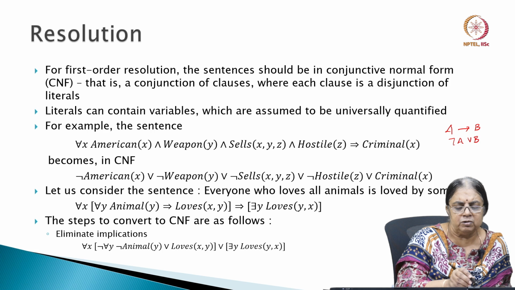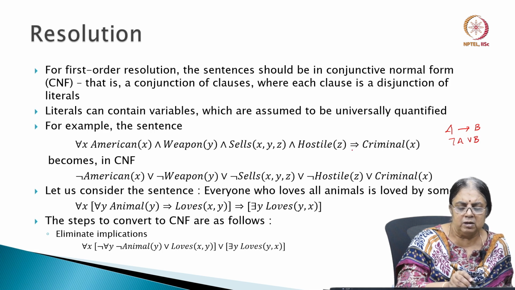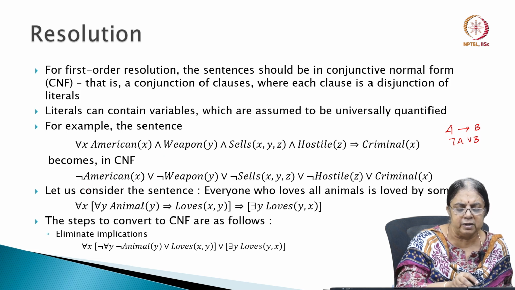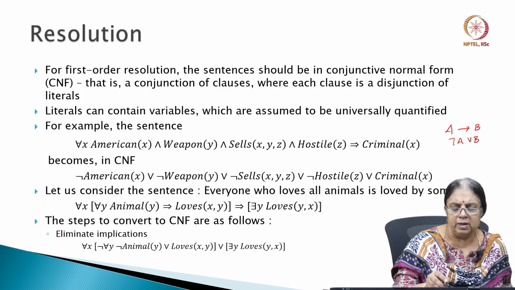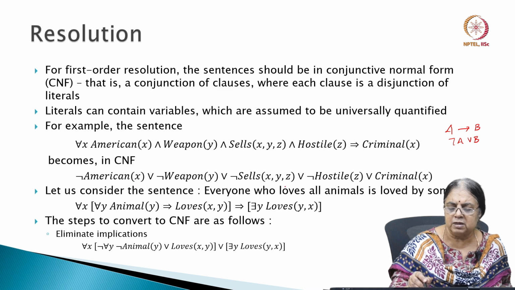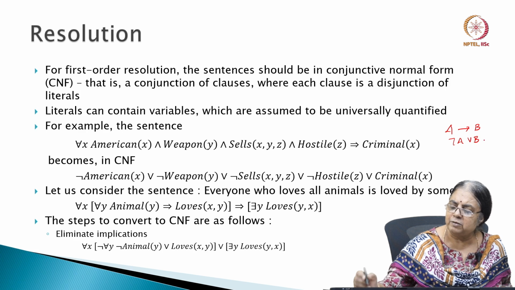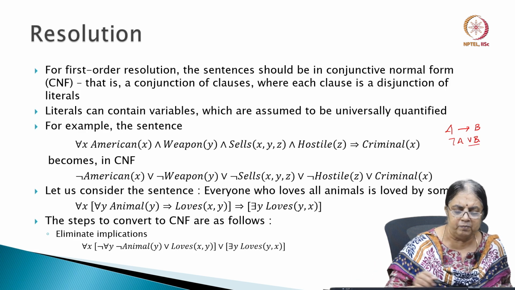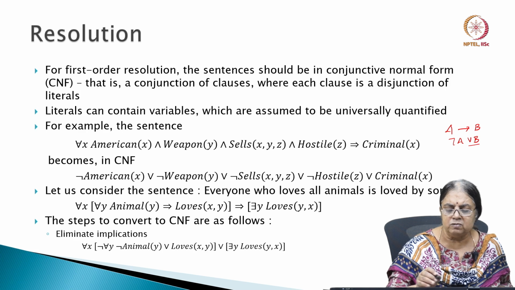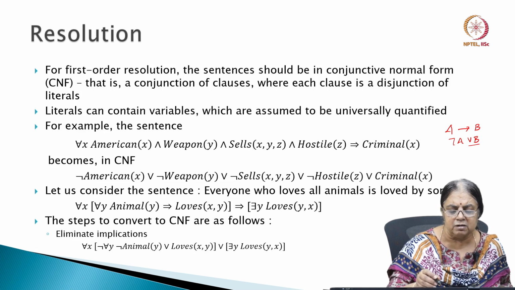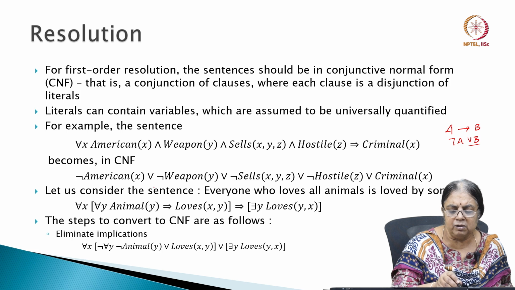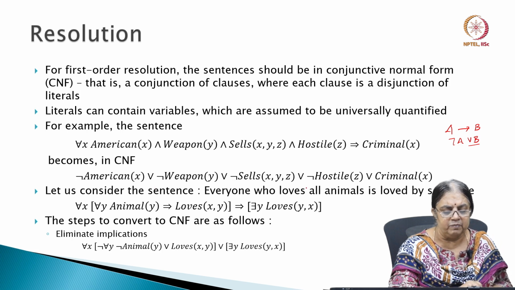You are taking not A, so the left side here, not American X, and by De Morgan's rule, all the ANDs will be converted to ORs. So you'll get not American X, or not weapon Y, or not sells X Y Z, or not hostile Z, or criminal X, that is the B part. So that is how you are converting it to CNF, and we can see that this is in conjunctive normal form because you have only disjunctions inside this sentence.